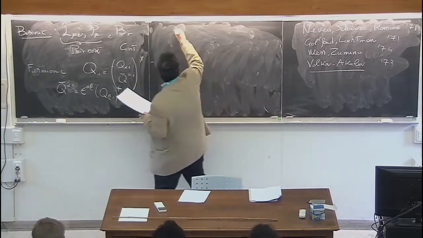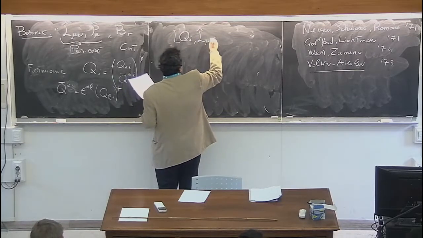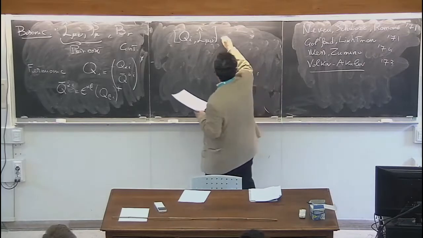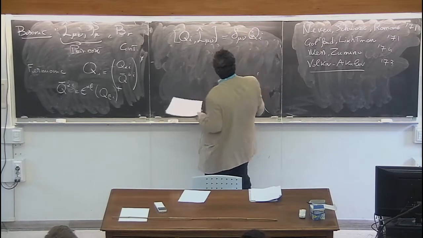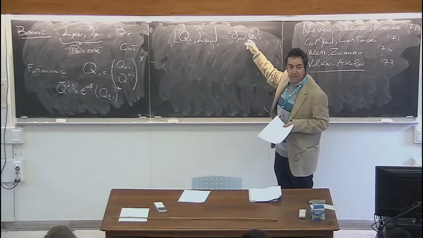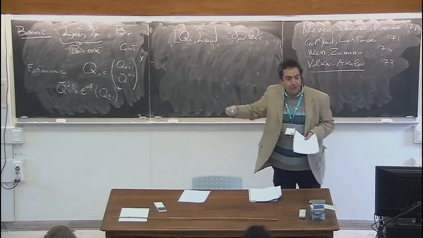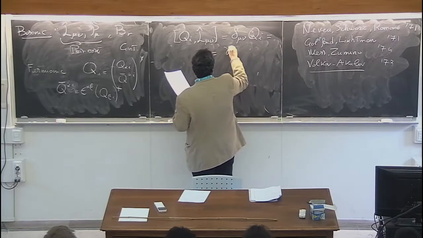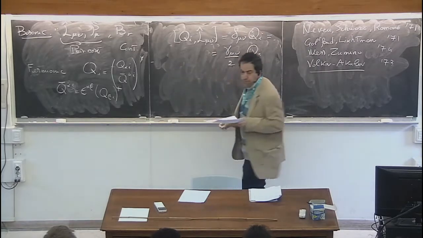So we know that Qi L mu nu, remember how operators transform, is going to be delta mu nu Qi, the infinitesimal variation generated by L mu nu, Lorentz transformation on Qi. And this is nothing but gamma mu nu half Qi.